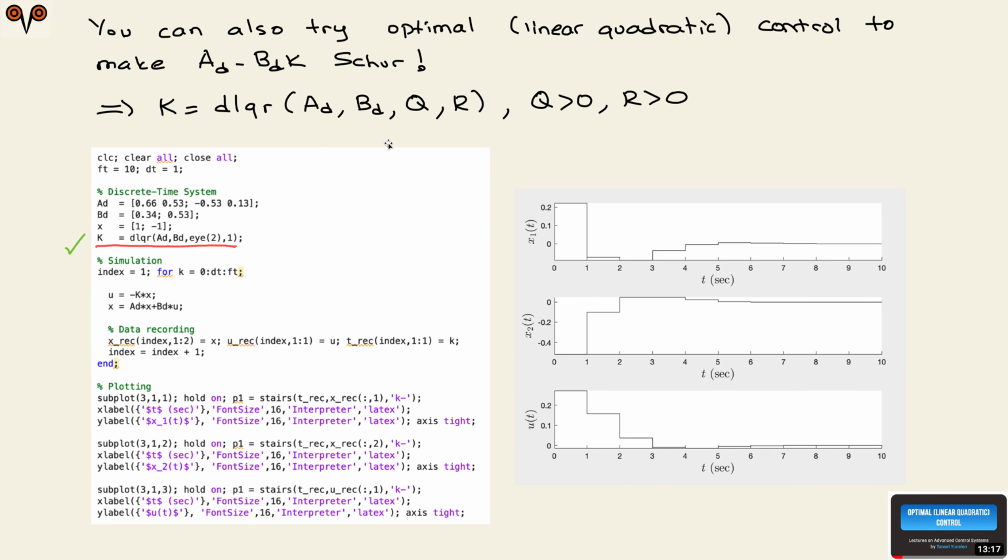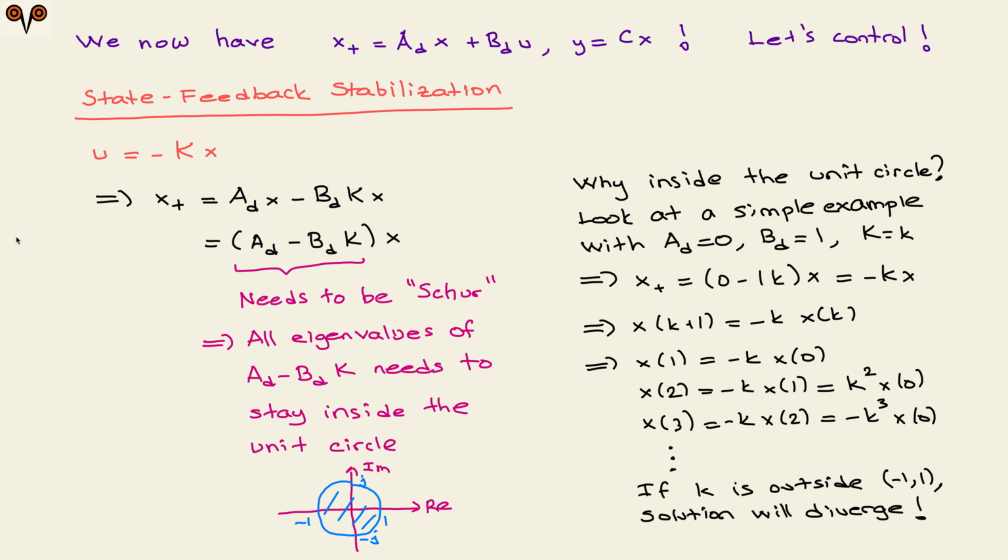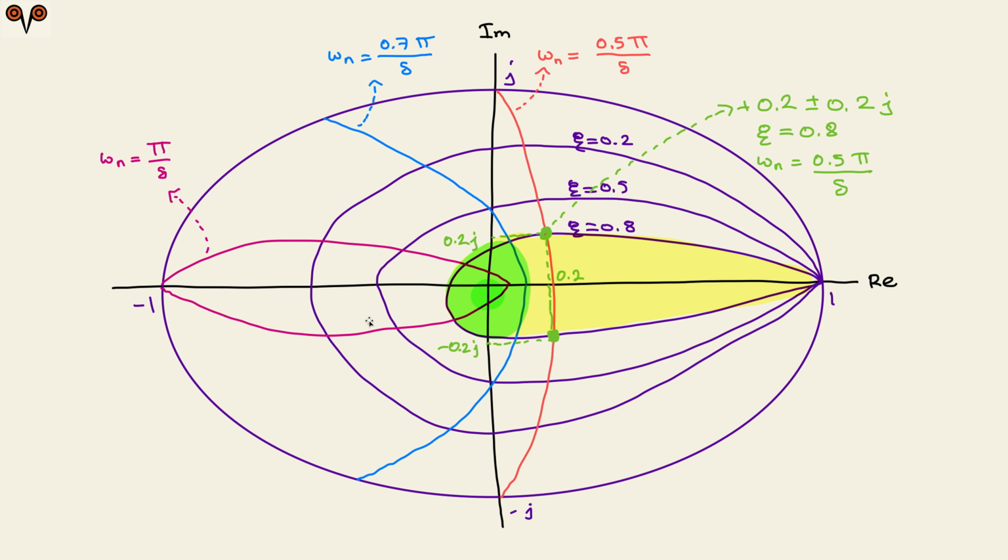So after looking at this, this was for the place command. Basically, if you are using the place command to choose eigenvalues for AD minus BDK, stay in this region.